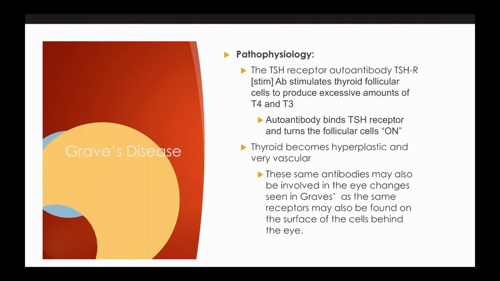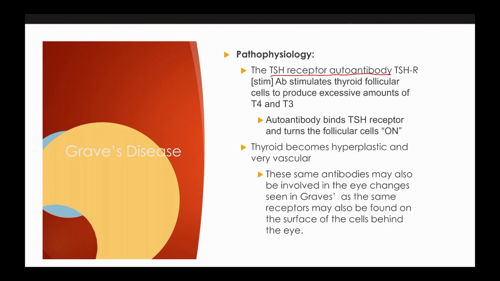So with Graves' disease, what's going on? We have a TSH receptor autoantibody called TSHR. Be very careful the way that you write these things because there's another one. It's called an anti-TSH receptor. So get them straight.